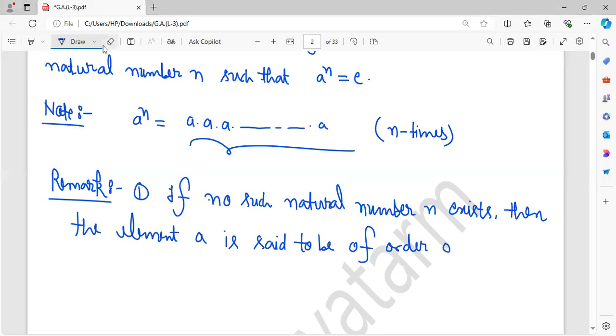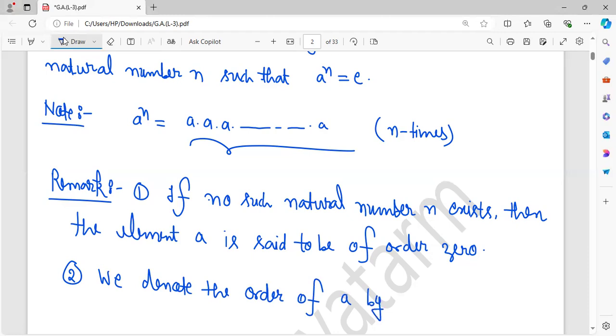If no such n exists such that a to the power n is equal to e, then the order of a is called 0. We denote the order of a by o(a). O means order. We are taking the order of a.